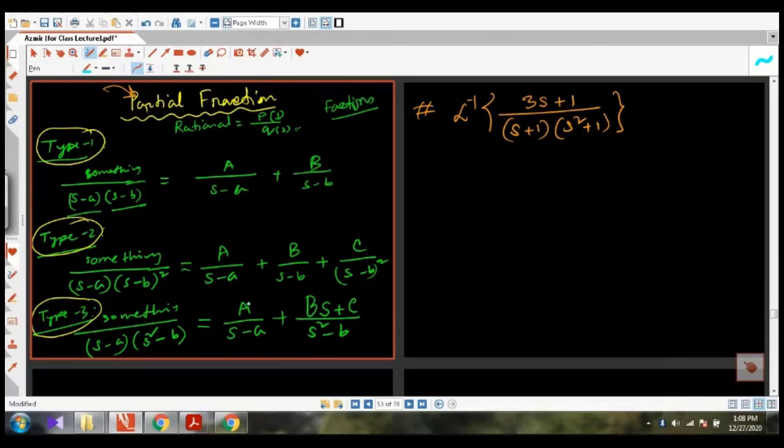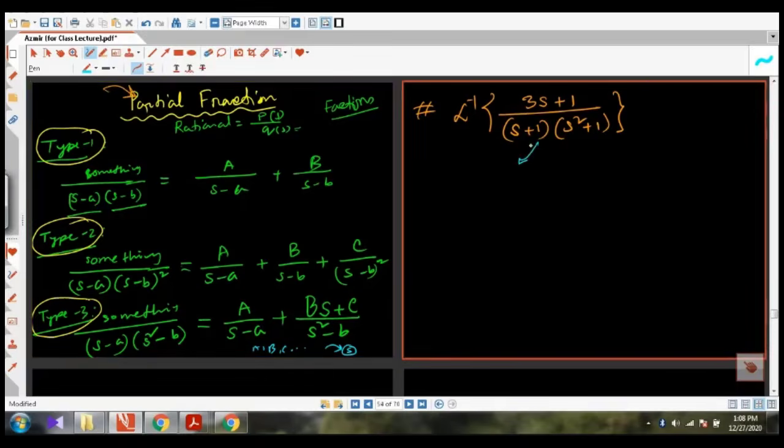So remember the constants that we have in the numerator, A, B, C. We have to find these constants A, B, C by plugging in some values of s, so that we can easily find A, B, and C. So forget about the inverse Laplace operator.